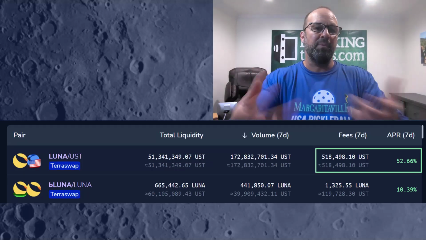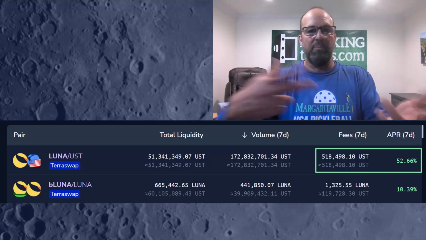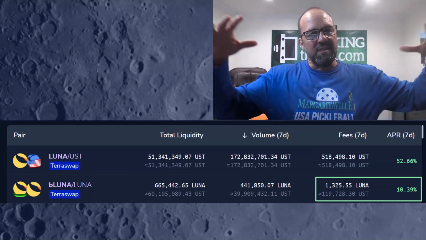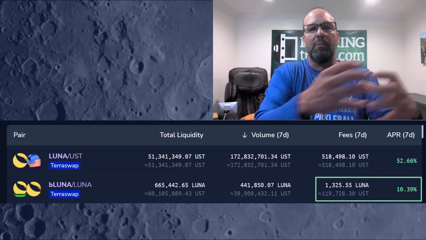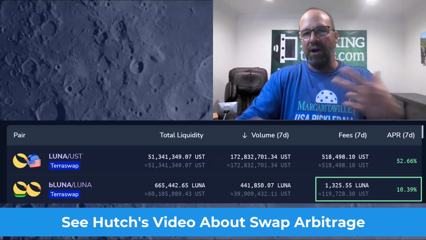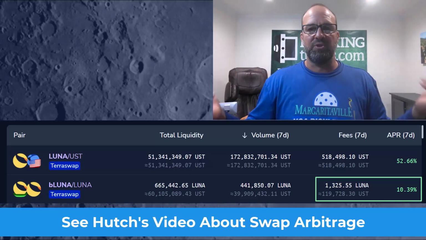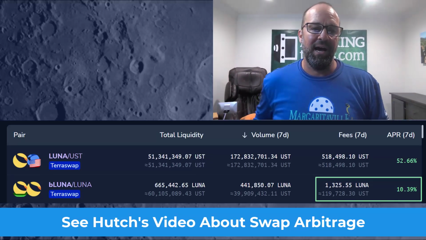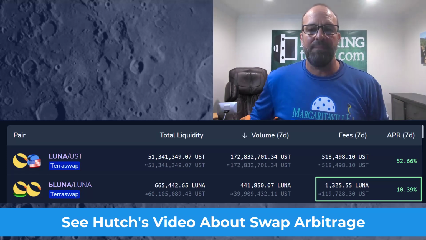That's because more people are trading Luna for UST, whether they're buying or selling, than the Luna bLUNA pool, where that's a smaller subset of people who are either borrowing from Anchor and they need to provide bLUNA, or they understand about these swap arbitrage opportunities, and so they're trading in there. But you can see the APR is only about 10%.